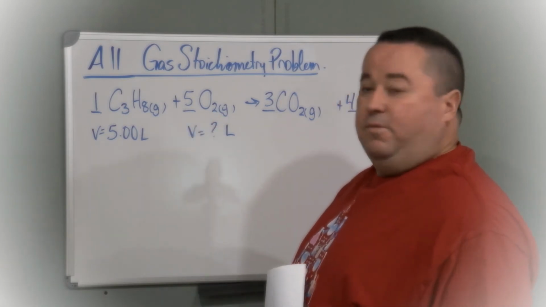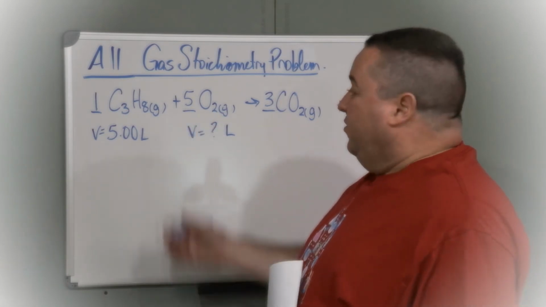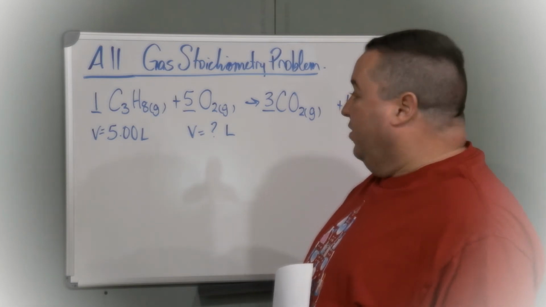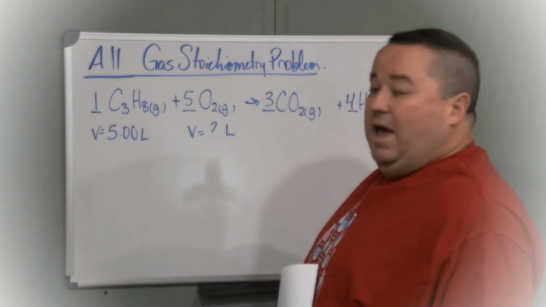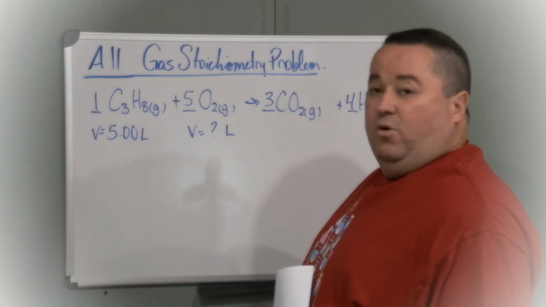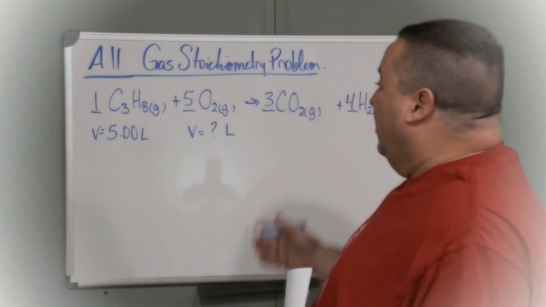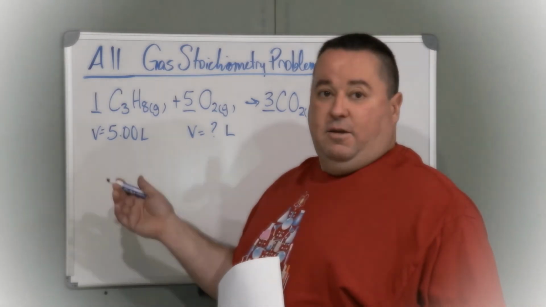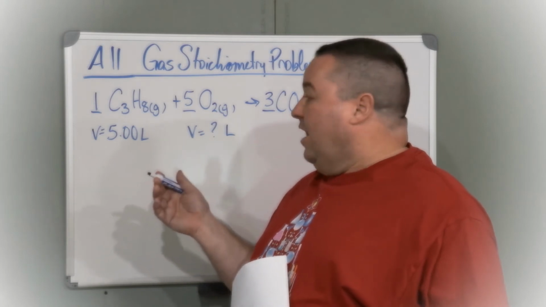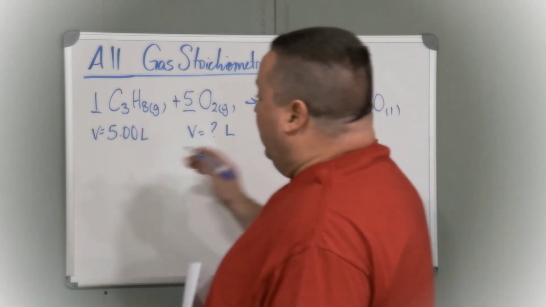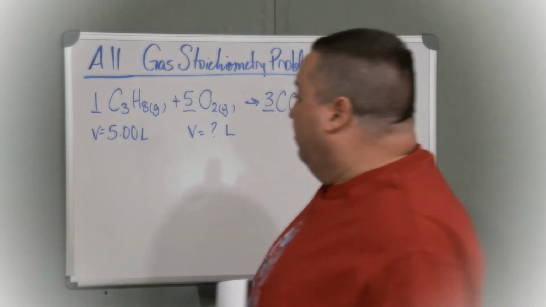You're not told what the pressure and temperature are. You're not told that you're at STP, for example. So there is no way for you to actually calculate moles, nor is there any need. As long as the pressure and temperature are not changing during this reaction, which you're not, we can work from one volume to another.